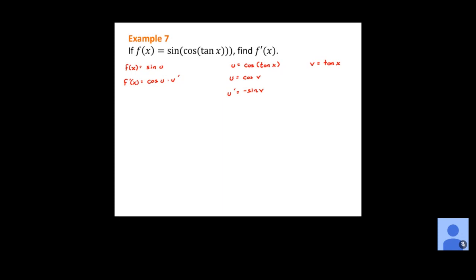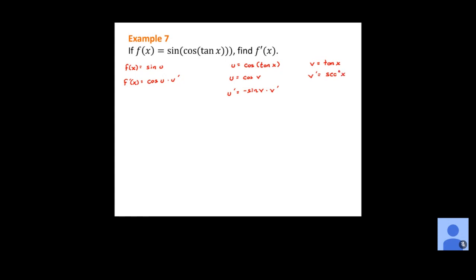But because it's a chain rule, we have to remember to multiply by the derivative, right? So we're going to multiply this by v prime this time. So now we just need to know the derivative of v. Well, what is the derivative of tangent x? Secant squared, good. So this is going to give us secant squared x as our derivative there.